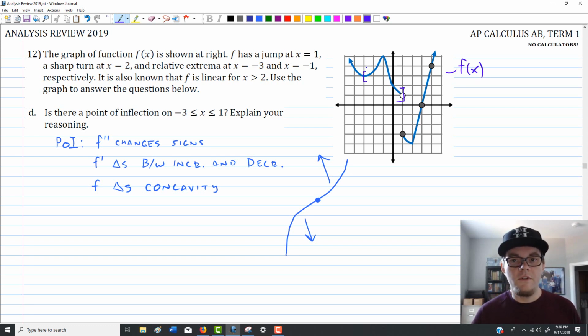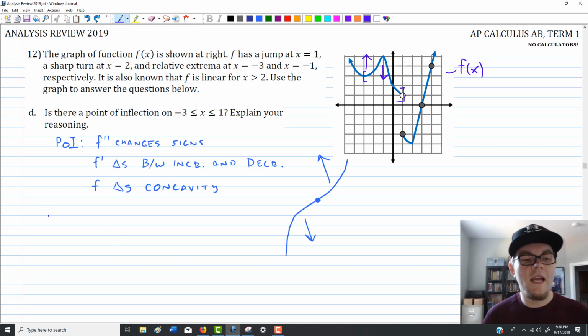So the first thing I see is that since we're starting at a relative minimum, that means that we are concave up at first. So we are concave up for sure. Then, from there, we go concave down at the relative maximum that occurs right here. So basically that tells me our function has to change from concave up to concave down somewhere on the interval from -3 to 1. Therefore, there must be one in there.